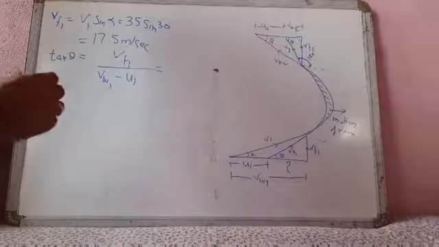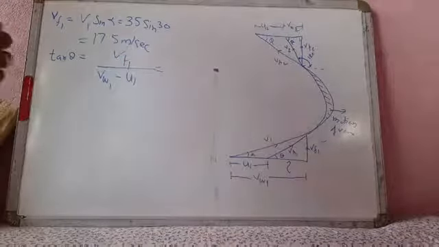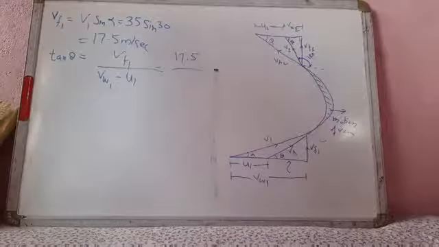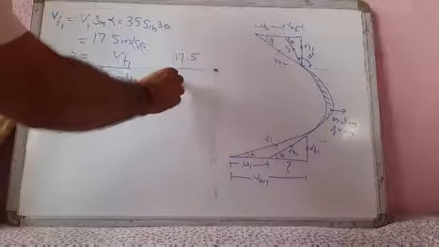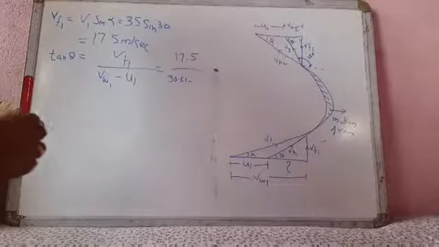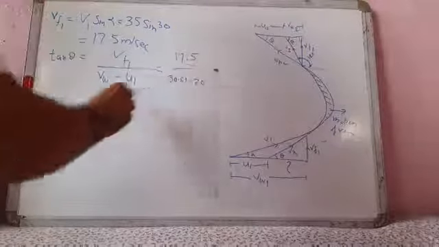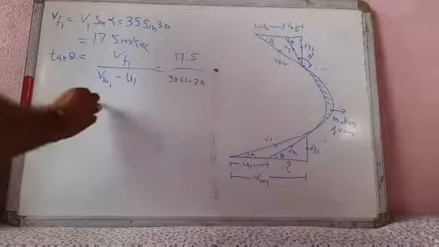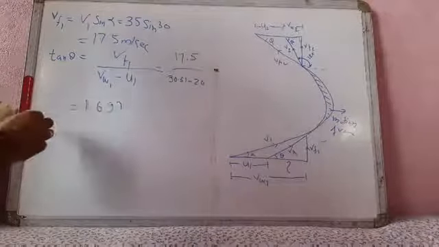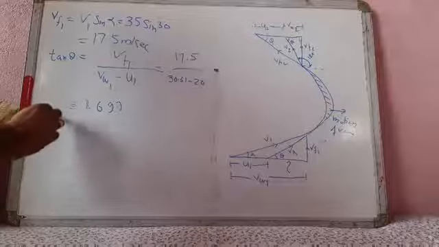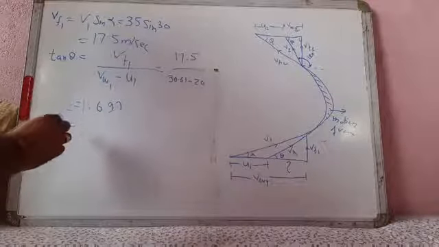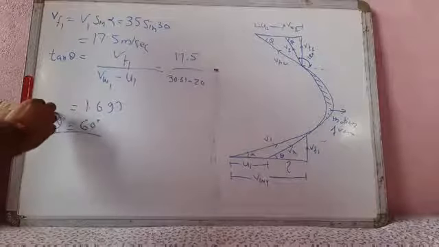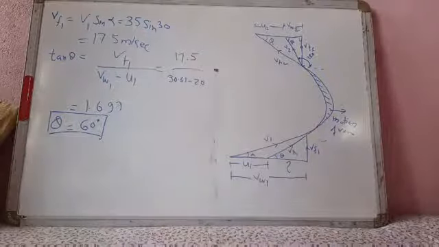Putting the values of VF1 and all this, 17.5 divided by 30.31 minus 20, so we are getting 1.697, and the value of theta is here 60 degree. The value of theta is 60 degree.